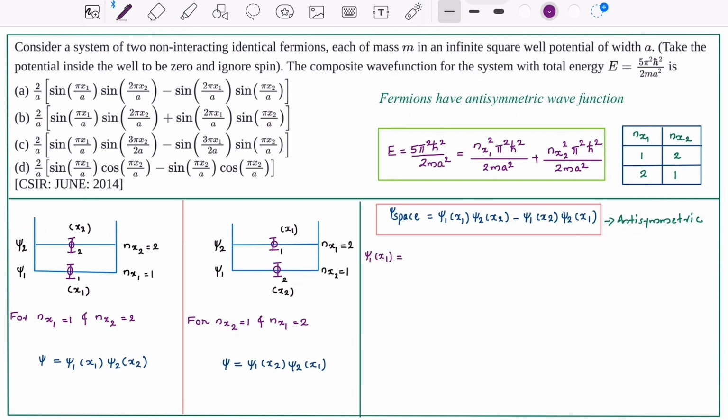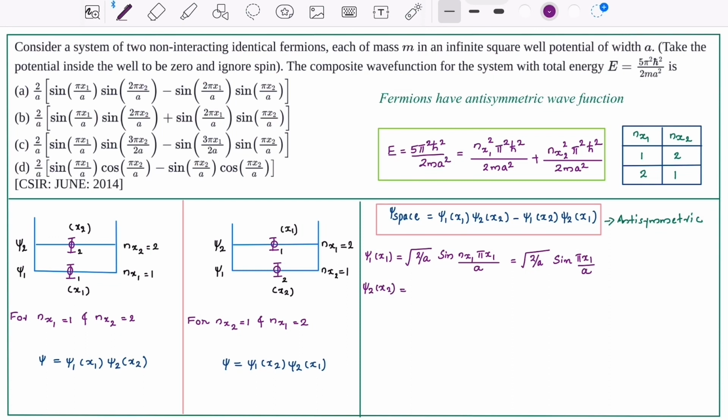Now what is ψ1(x1)? For a square well potential of width a, for a particle at x1, ψ1(x1) is root of 2/a sin(nx1 π x1/a). Now what is nx1 here? Here particle 1 is at ground state, so nx1 is 1. Therefore ψ1(x1) is equal to root of 2/a sin(π x1/a).